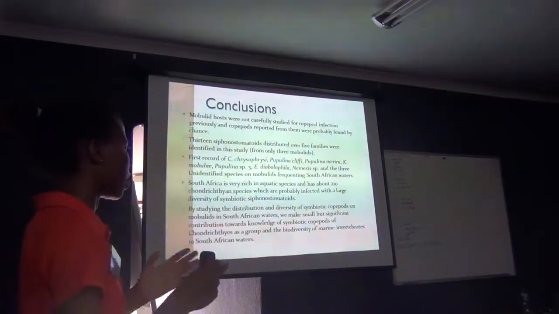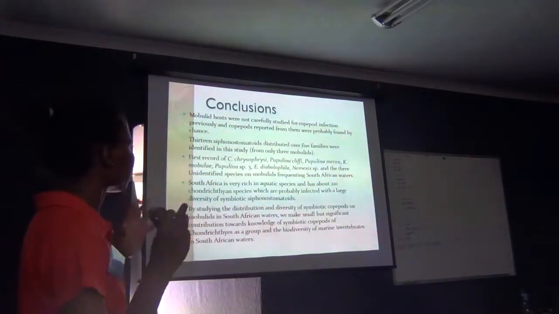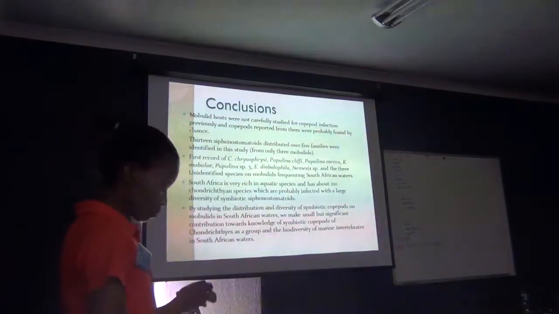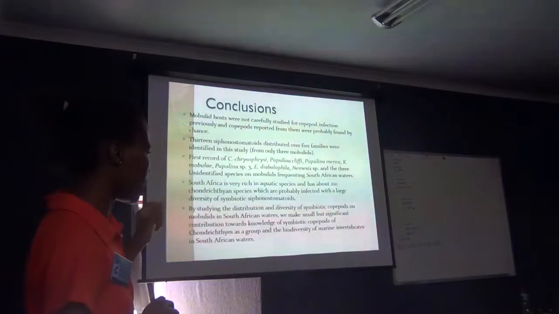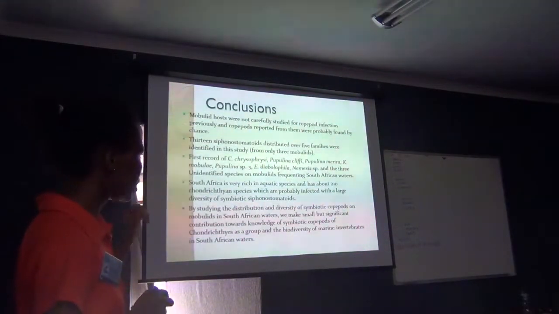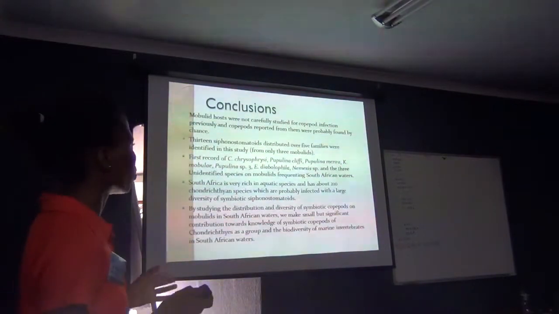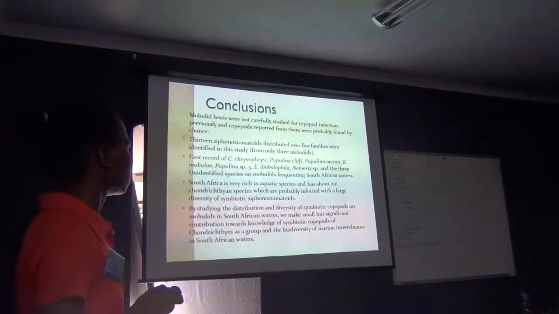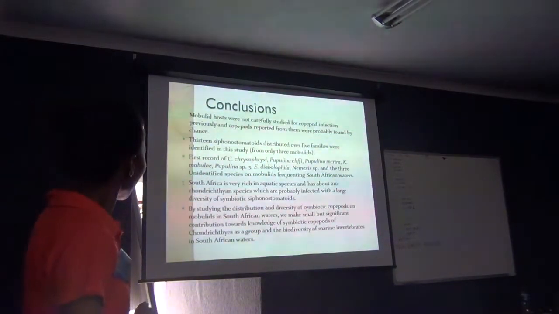Now imagine if we were able to look at all of them, how the number would go up. Like I said, this is the first record of 10 of the species that we were able to identify. So 10 out of 13 were first records ever from South Africa, and some of them were first records from the entire world, actually, in a way.